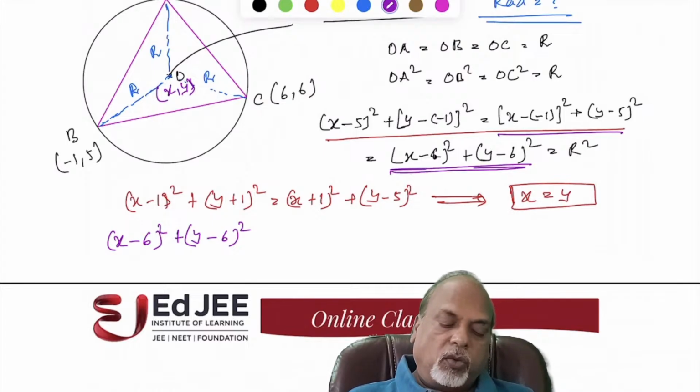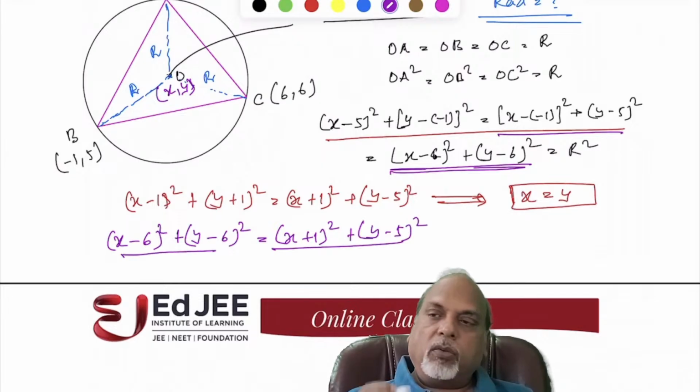Let us take these two, then this must be equal to x plus 1 square plus y minus 5 square. We have taken the last two relationships. Correct.